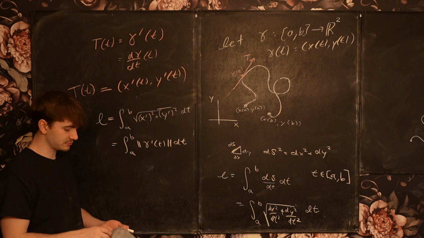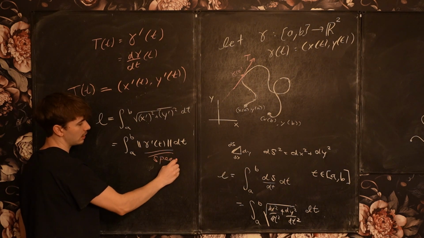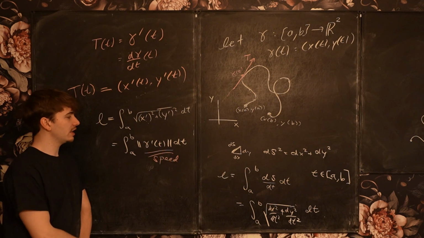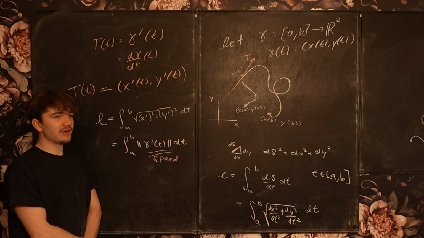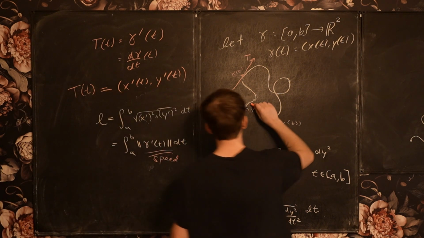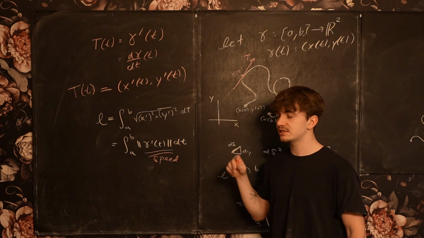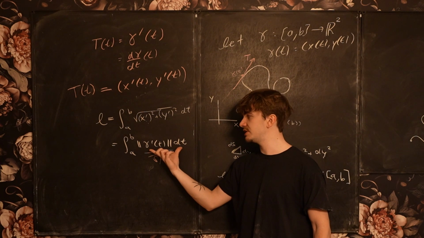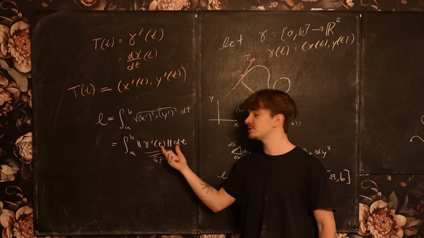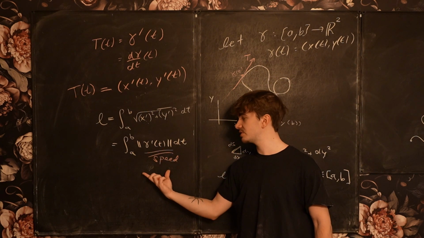Now let's interpret this for a moment. This is just the speed, okay, of the parameterization. So essentially, if I look at the local speed, then I'm basically saying that the speed of my parameterization over a differential time unit is going to trace out this much differential arc length, which is just the differential time unit multiplied by a scaling factor, which is the speed.